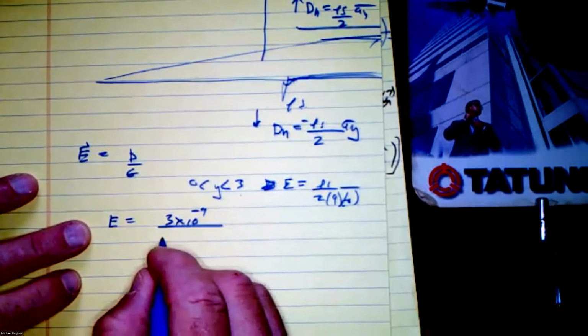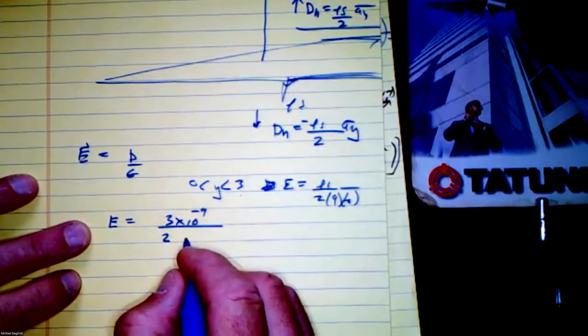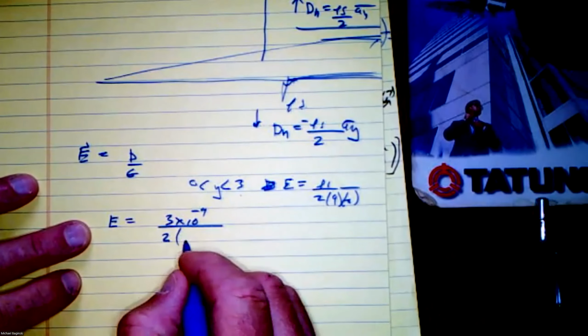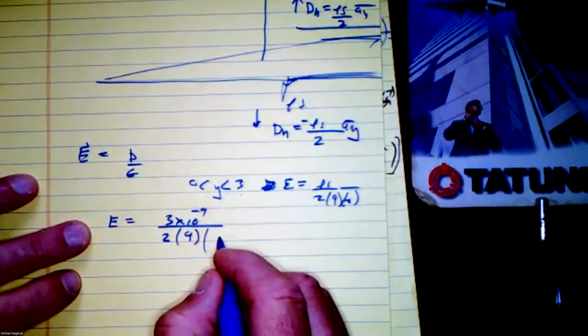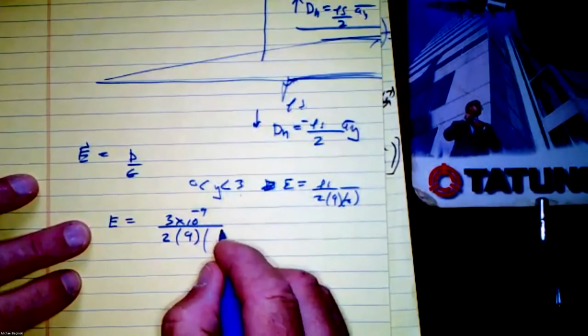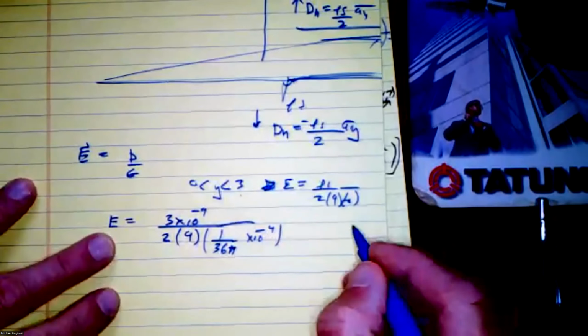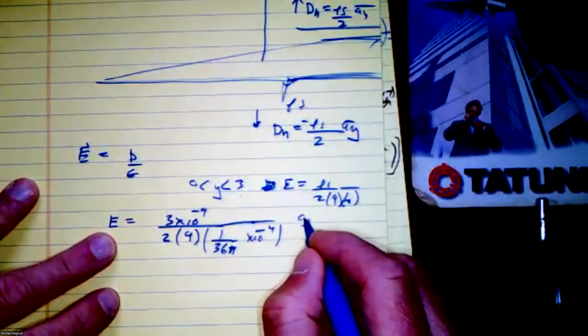It's going to be that divided by 2, and then divided by 9 and epsilon naught. You might as well make it 1 over 36 pi times 10 to the minus 9th, which I think is what Wentworth wants, in the a_y direction.